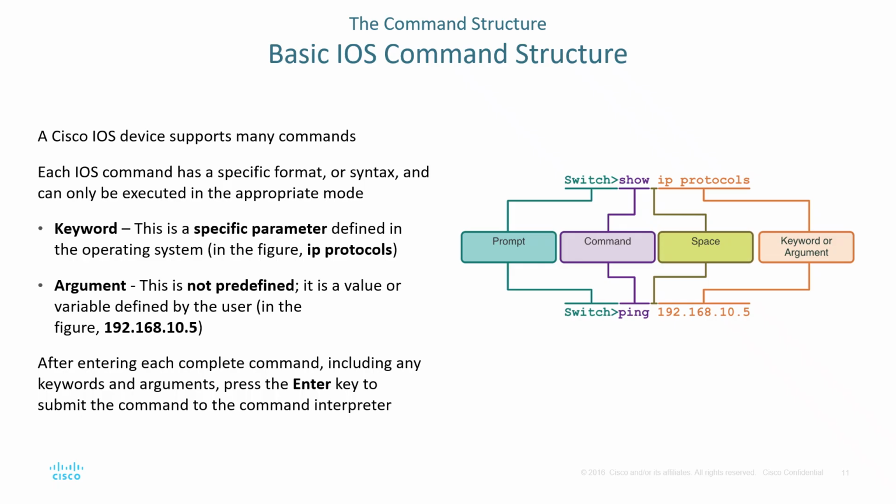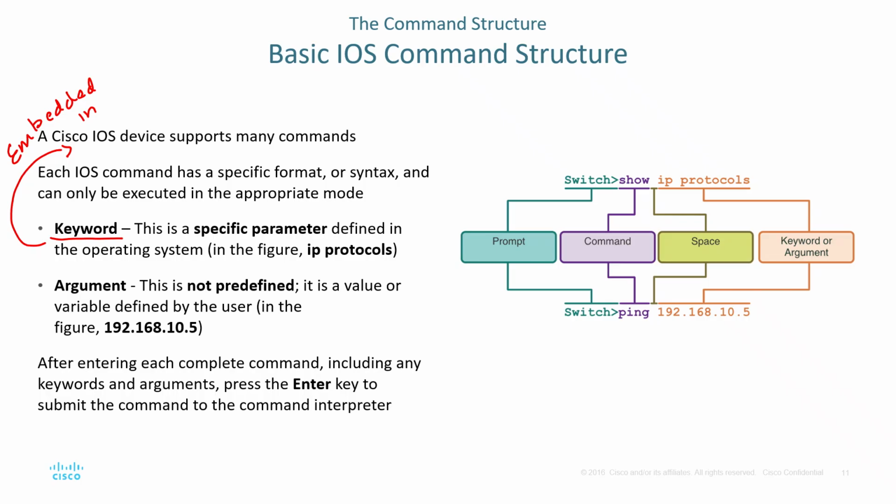Now, a keyword is a specific parameter defined in the operating system. Okay, so that means that it is something that is embedded in the Cisco IOS, meaning it's part of the operating system.